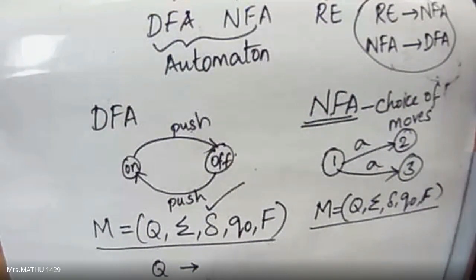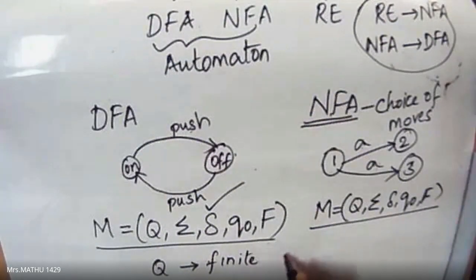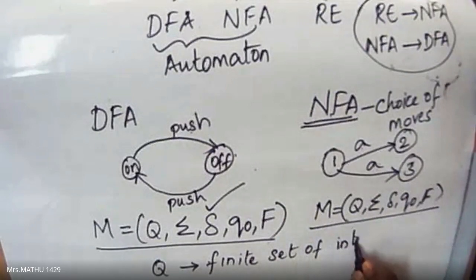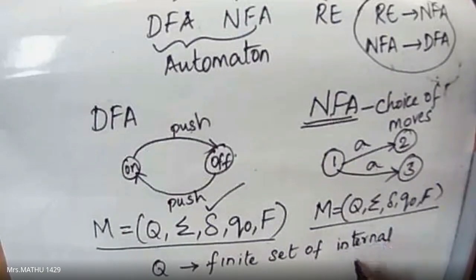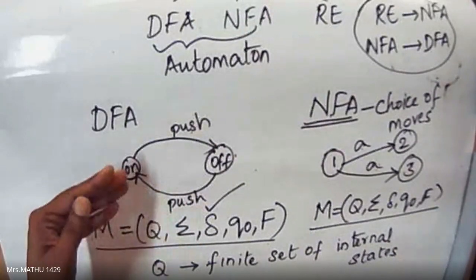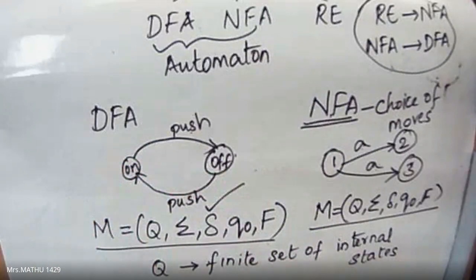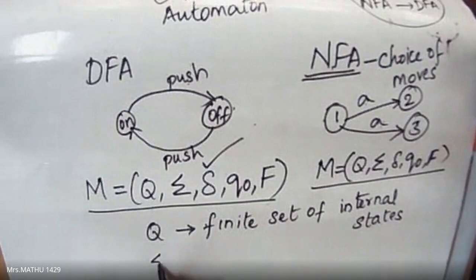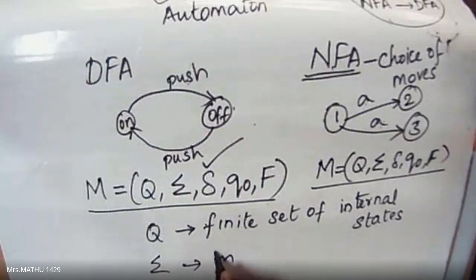Q is the finite set of internal states, like the on and off we have seen; these are all states. And sigma is the input alphabet.